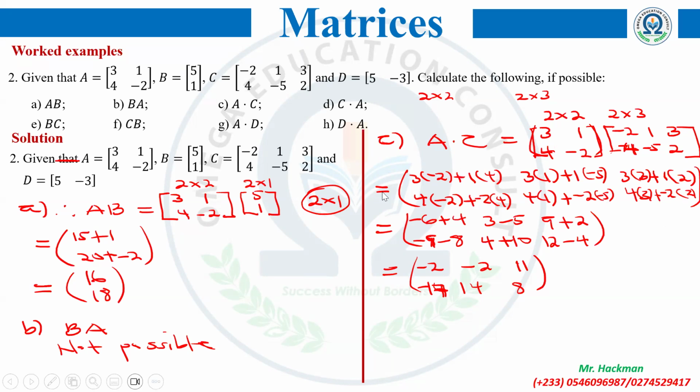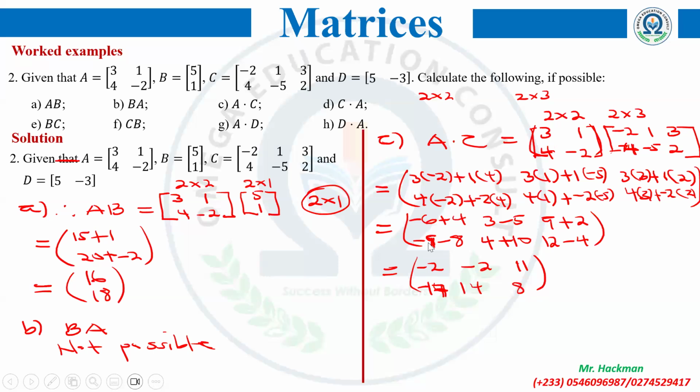Okay, Prof. Frank, your hand is up. Sir, it's 4 times minus 2, so it's negative 8, not negative 9. There's 16 that they changed to 17. It's 4 times negative 2, which makes it negative 8.